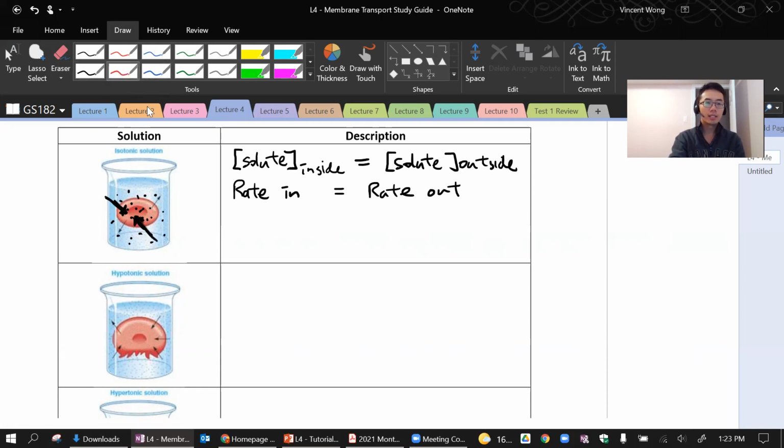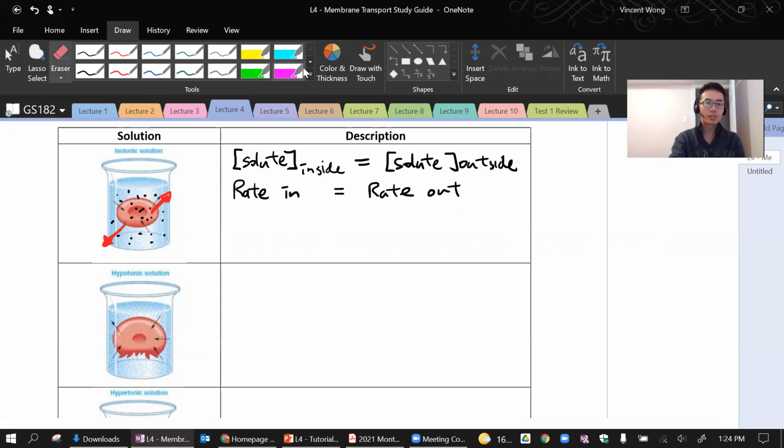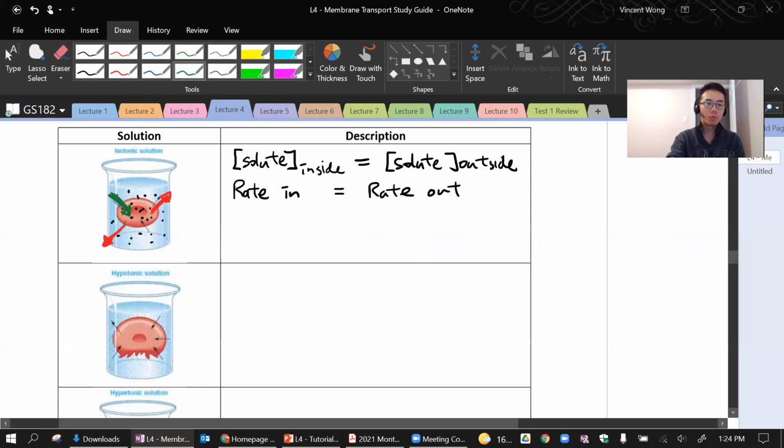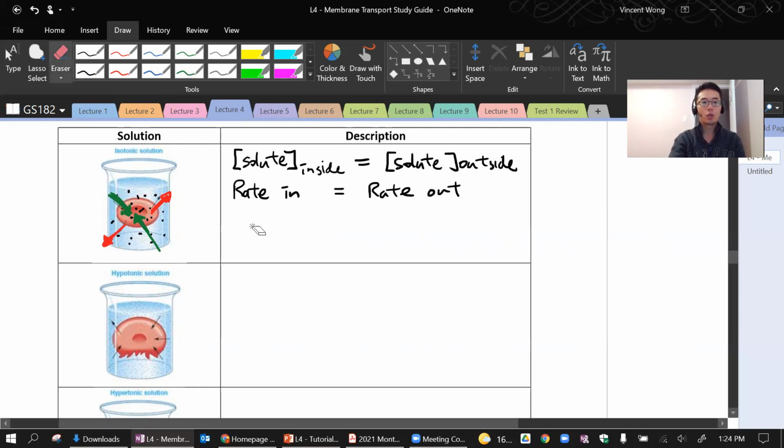Maybe I'll change this to green arrows, easier to see. You will have the same rate of water moving in as out. It does not mean water is not moving. It just means they're moving in the same way as moving out. So no change. No net water movement. No change in cell shape.